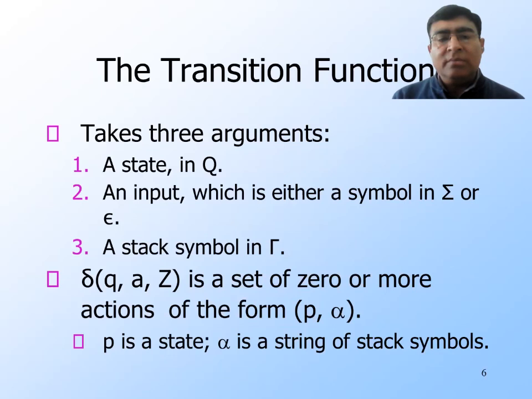First of all, in state Q, we are giving the input symbol A, but at that time the top of the stack is indicated with the help of the Z. After transition from the state Q, it will go to the state P, and the top of the stack is defined with the help of the alpha.